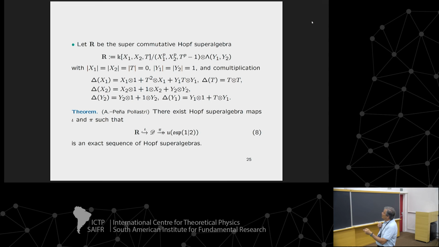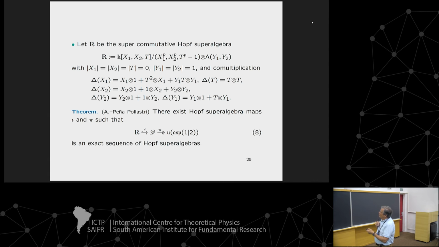As I said, x1, x2, and t are even, y1, y2 are odd, and the co-multiplication of this Hopf superalgebra is given by these rules. So y2 is primitive, y1 is t-1 primitive, t is group-like, and these have these strange formulas.